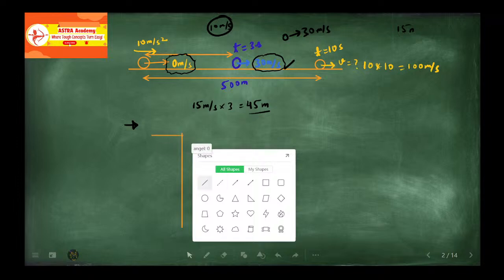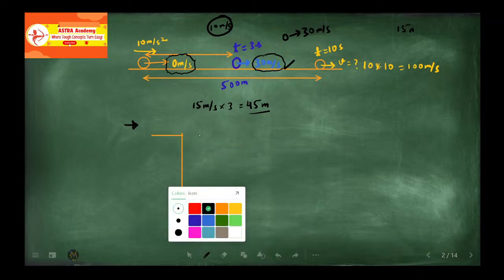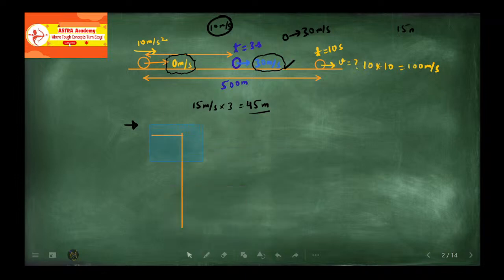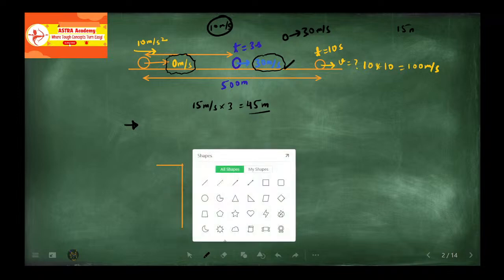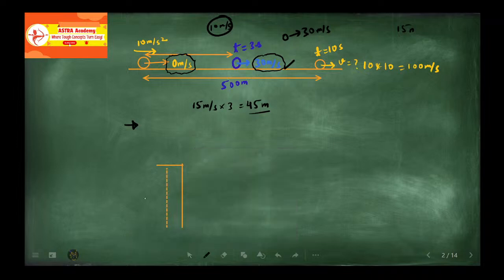Suppose I have thrown a ball from a building of height 80 meters, in the upward direction.